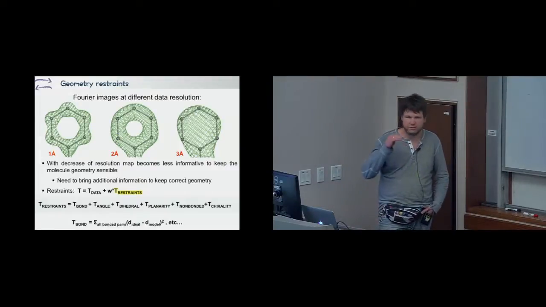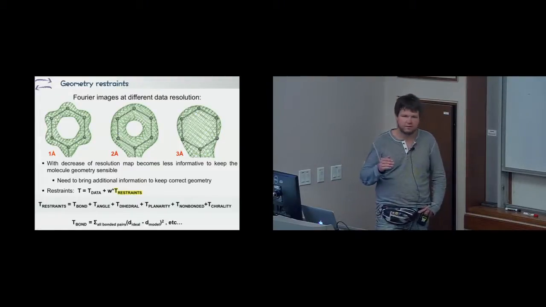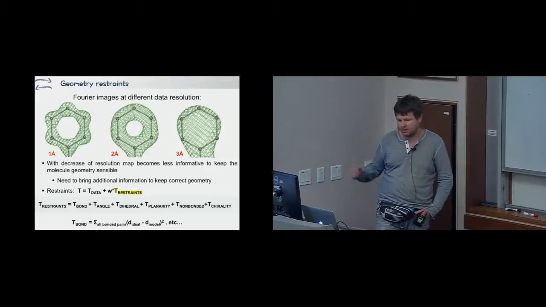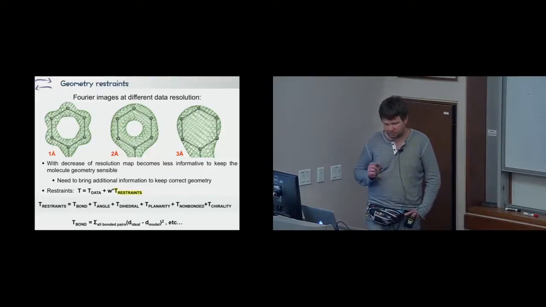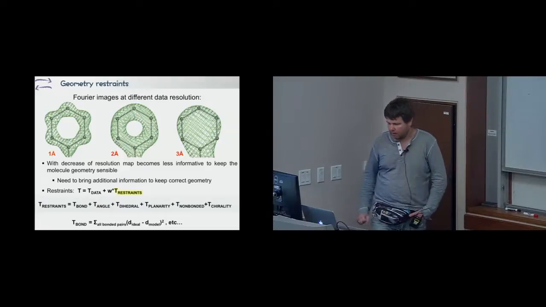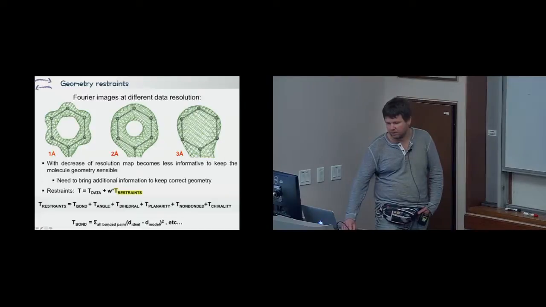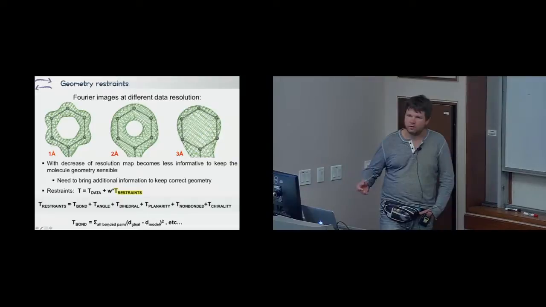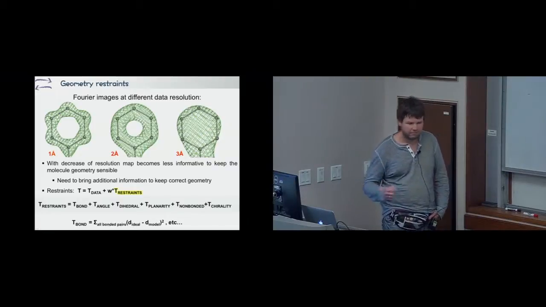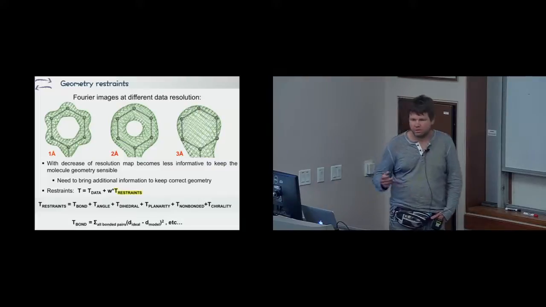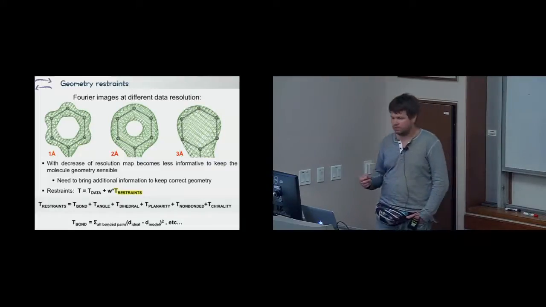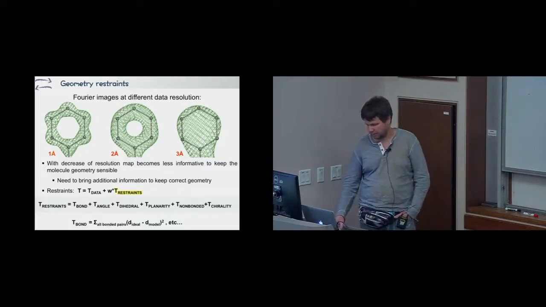So basically restraints on covalent bonds, covalent angles, restraints on torsion angles, non-bonded interactions, and so on. And typically it's just a quadratic function of the difference between the model value and the current value. The model value is typically derived from some a priori knowledge like QM calculations or databases of high resolution structures and so on.